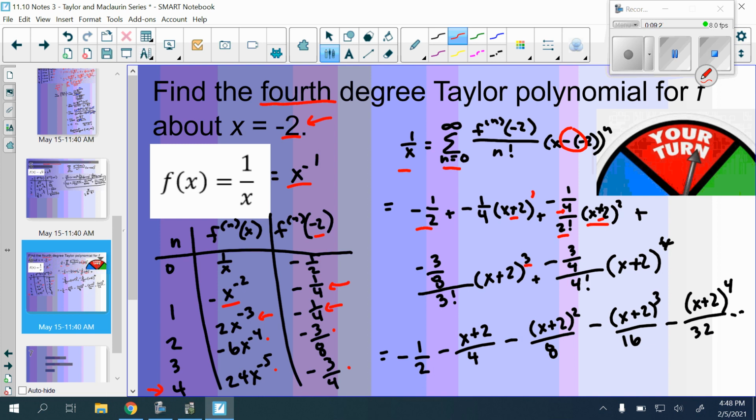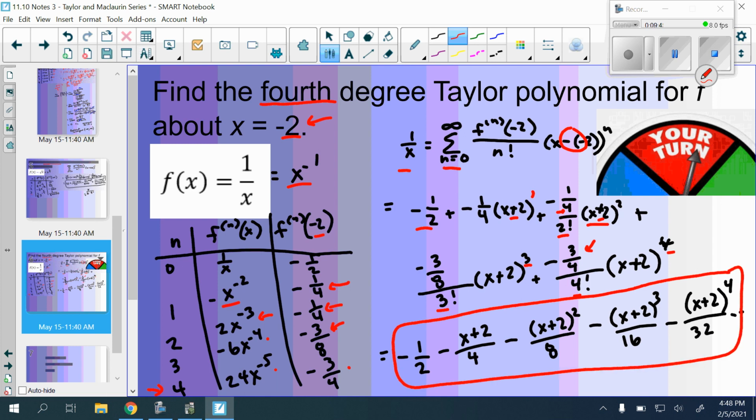Next one to the third power, 3 factorial, and the third derivative at negative 2, and then finally the fourth one here, and our fourth derivative at negative 2. Simplifying that, you should have ended up with this as your fourth degree Taylor polynomial.